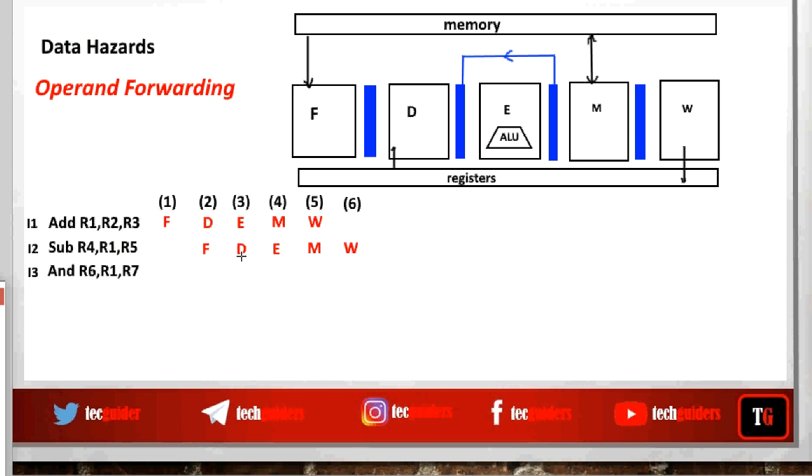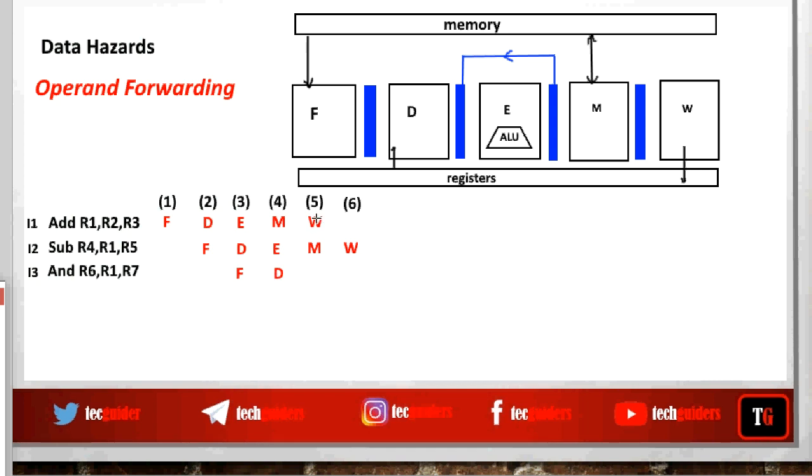In the third cycle, when our fetch unit is free, we will be able to fetch this instruction. But in the fourth cycle, if we try to decode this instruction in the decode stage, according to this MIPS pipeline architecture, operands are accessed from the registers. Hence, operands are accessed from the registers R1 and R7, but our required data is not available within the register R1.